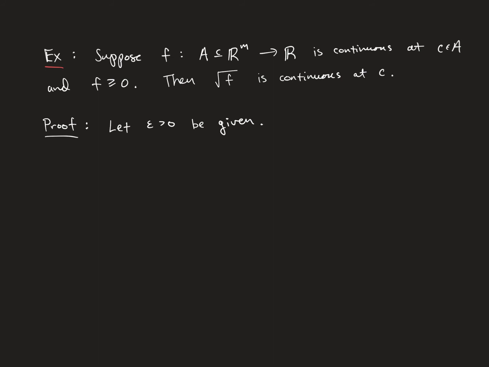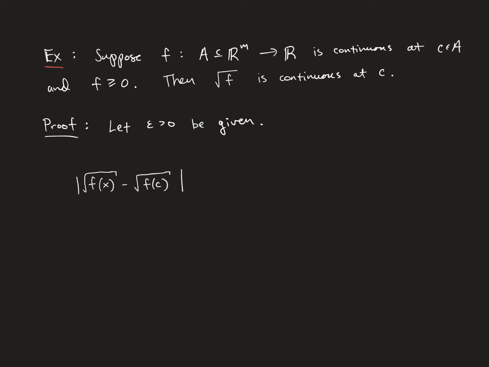So ultimately what we need to do is control the square root of f of x minus the square root of f of c. We're trying to say that the output values change by less than epsilon as long as we sufficiently control the difference between x and c. So as long as x and c don't vary so much, then these output values vary by less than epsilon. All right, so that's what we want.